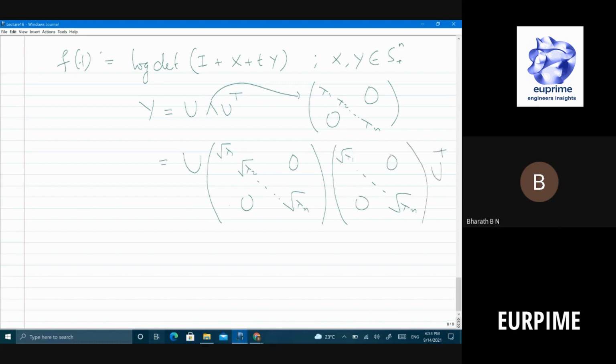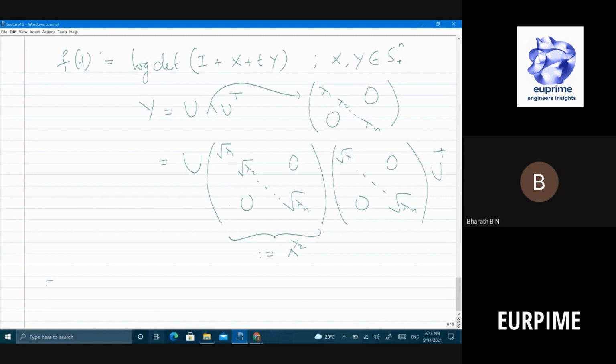When you multiply these two, what do we get? The same thing, lambda. Let me define this matrix as lambda power half. It's not the square root of lambda in general, it's just a notation. Lambda power half is basically this matrix, okay?